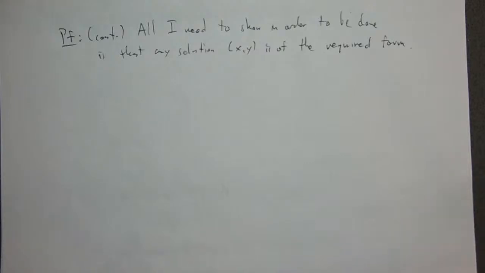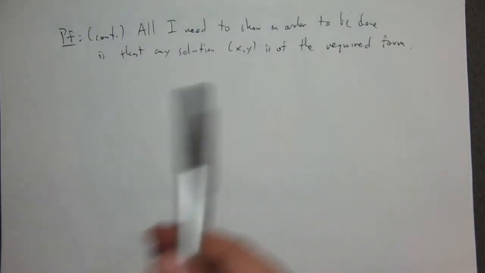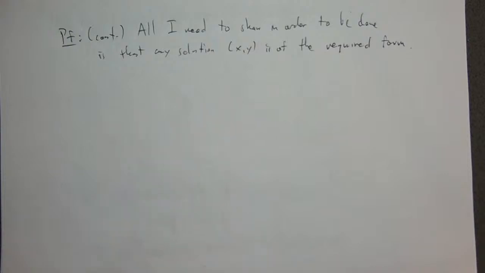Okay, so in order to do that, what do I do? Well, this is what I'm saying here. All I need to do in order to be done is show that any solution is of the required form.